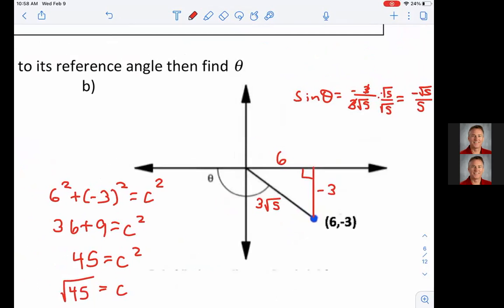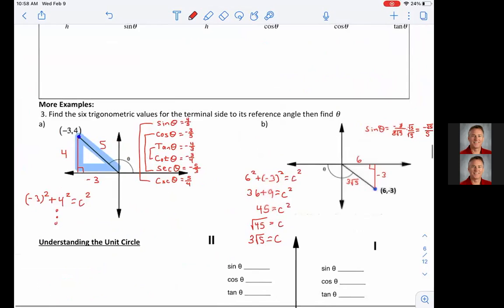Okay, and its reference angle, remember, is the distance, so to speak, to the x-axis. And so this is the reference angle for theta. So the sine of that reference angle is always the same as the sine of theta. Okay, good question. Anything else?